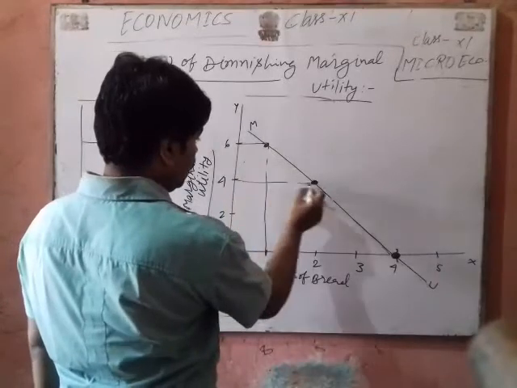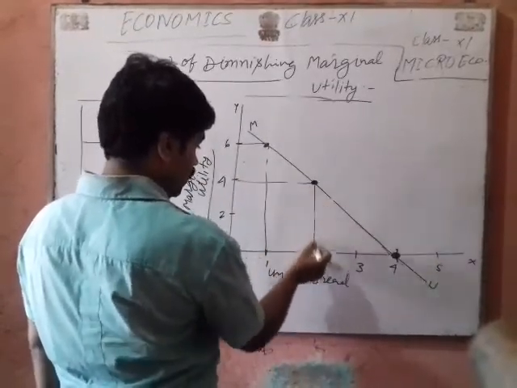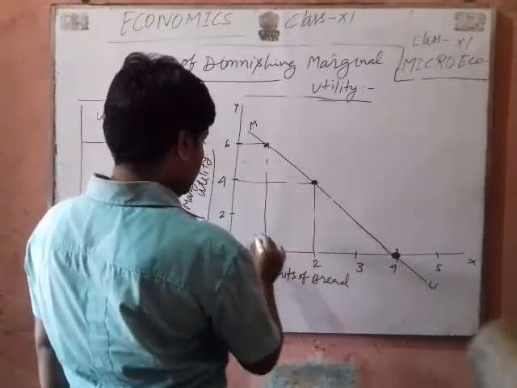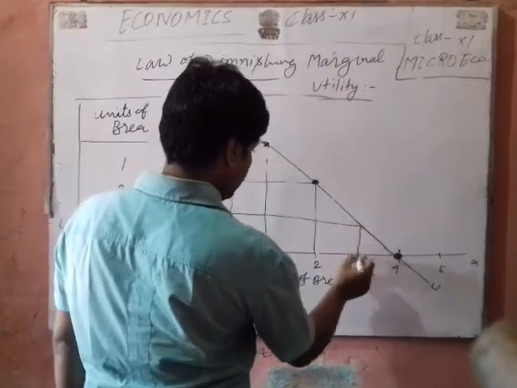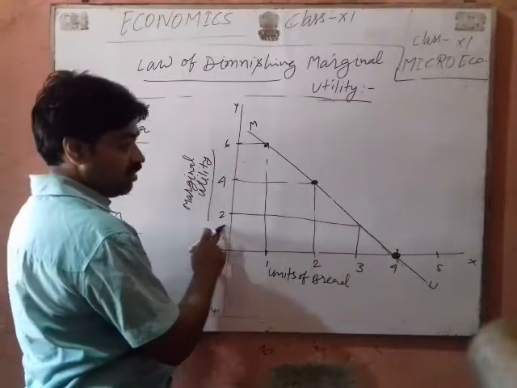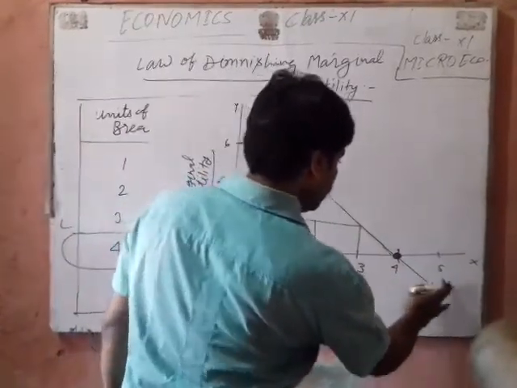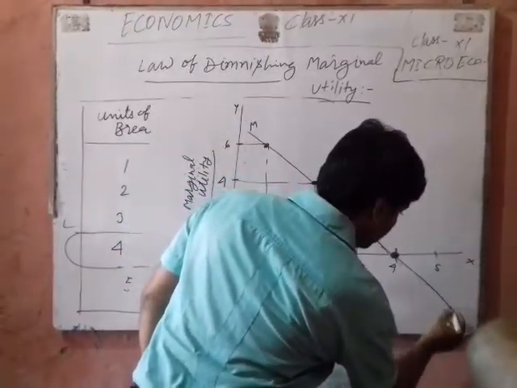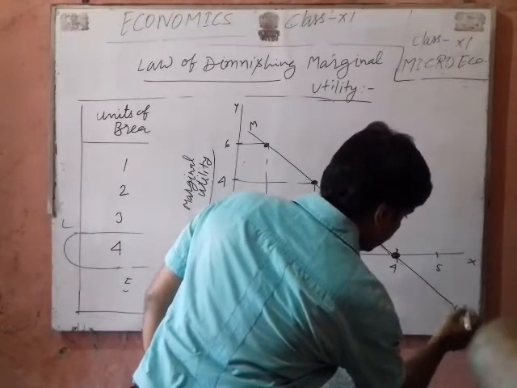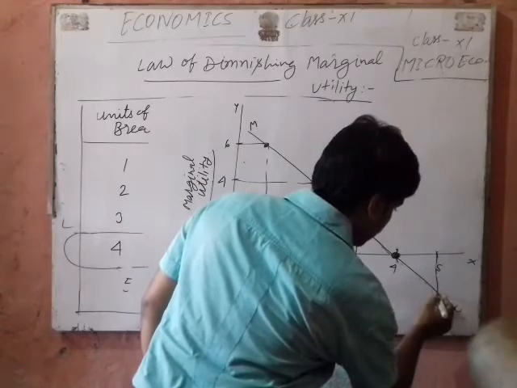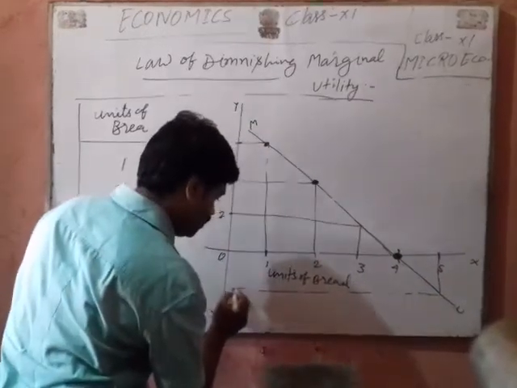From the second unit it is 4 utils. From the third unit of bread MU is 2 utils. From the fourth it is 0 and from the fifth it becomes negative. That is, MU becomes negative here and gives -2.